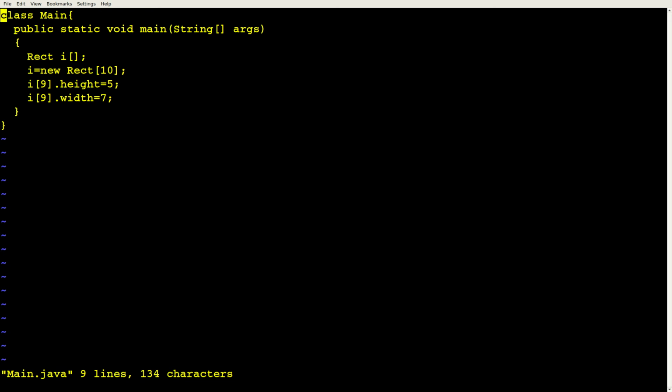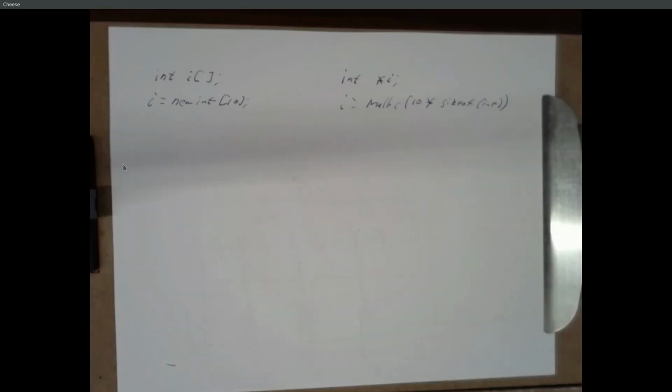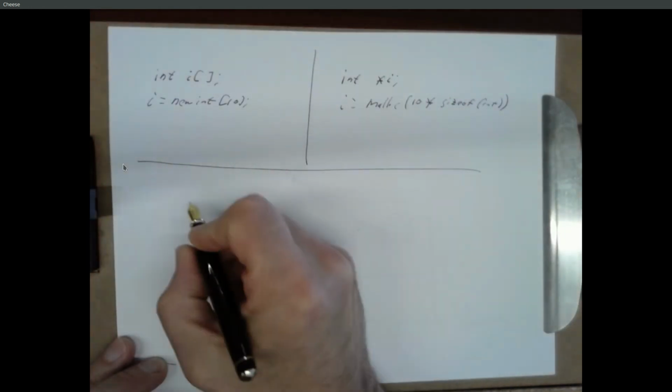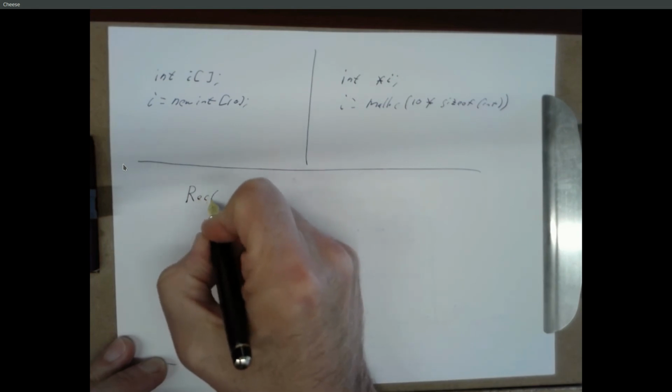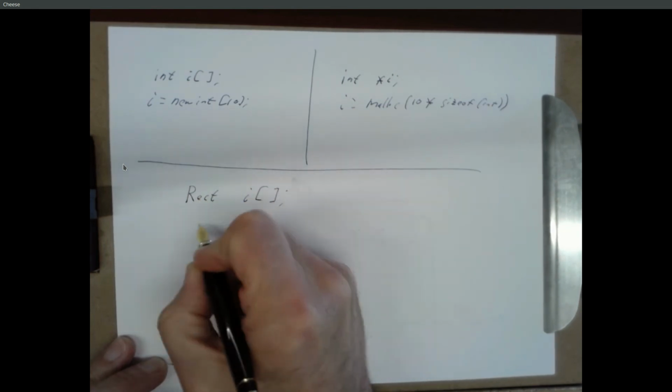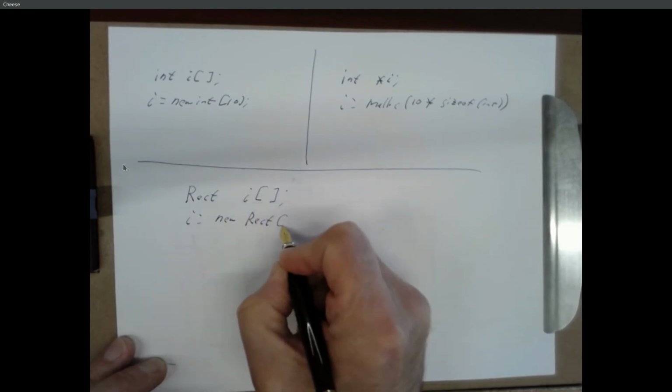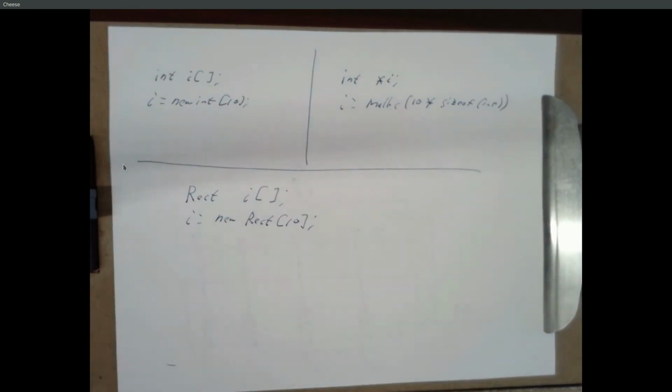And the problem here is that rectangle is an object, so we kind of need to talk about pointers to rectangles. And basically we need another malloc somewhere. So the analogy to C kind of breaks down, so let's just do this as Java. So I equals new rectangle bracket 10.